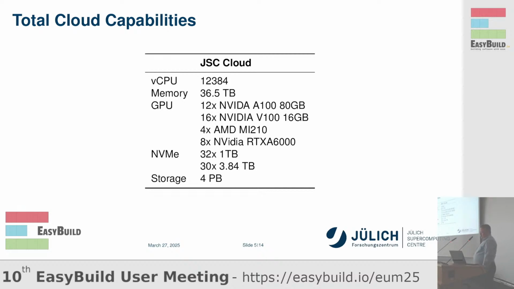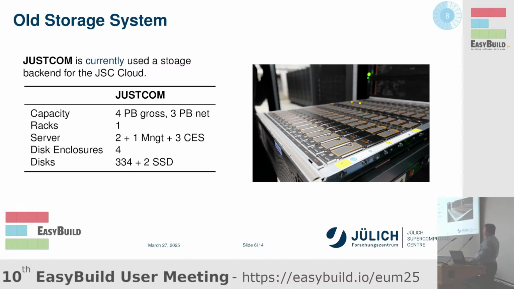The storage here is the storage backend for the cloud, and there we have the current system that we are using, which is JUST. It's based on IBM Spectrum Scale and then using NFS to the cloud. But this one is the old storage system because currently we are also bringing up the new storage, because this one is running out of support in a few months, so we need a new one.